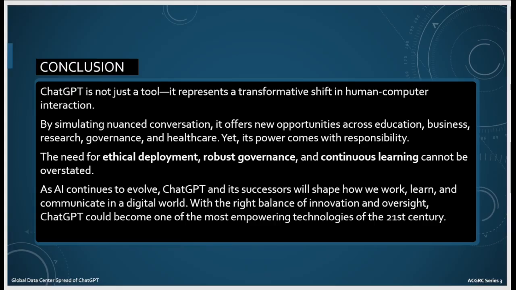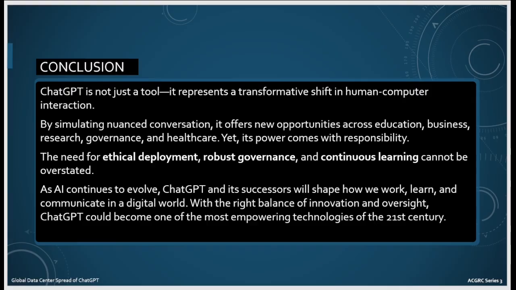ChatGPT is not just a tool, it represents a transformative shift in human computer interaction. By simulating nuanced conversation, it offers new opportunities across education, business, research, governance, and healthcare. The need for ethical deployment, robust governance, and continuous learning cannot be overstated.